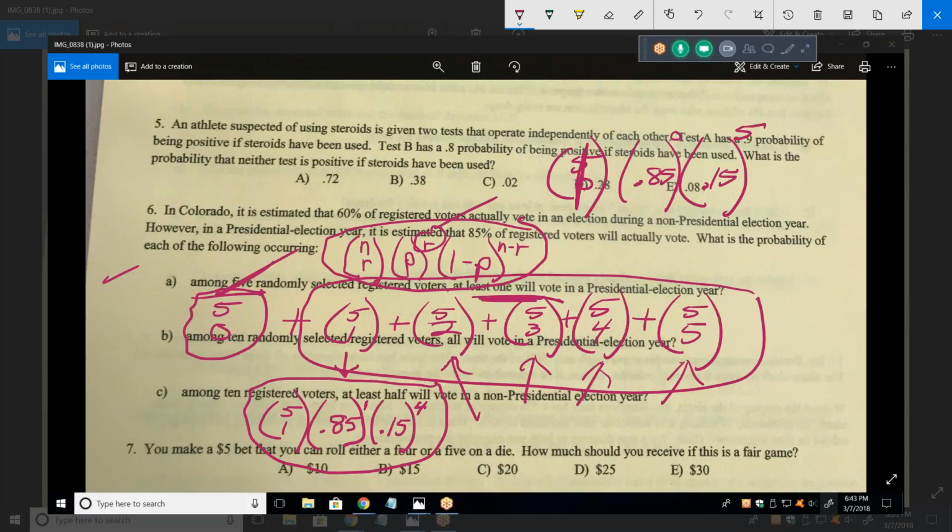Well, that's the number 1. Anything to the 0 power is the number 1. So it's 0.15 to the 5th power, and it's 1 minus that. So it's 1 minus 0.15 to the 5th power.